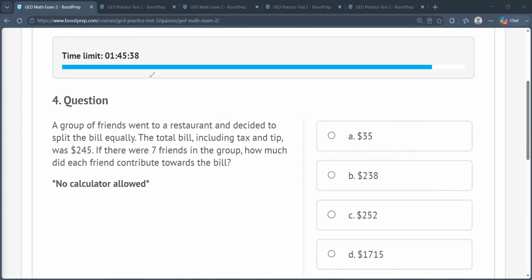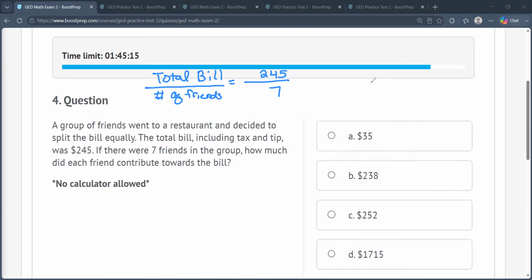So all you've got to do is take the total bill amount, which is 245, divided by the total number of friends, which is 7.